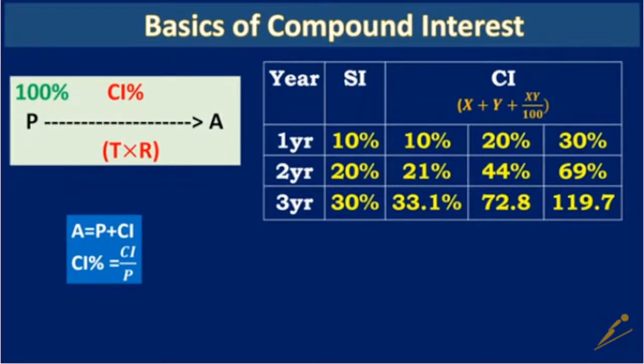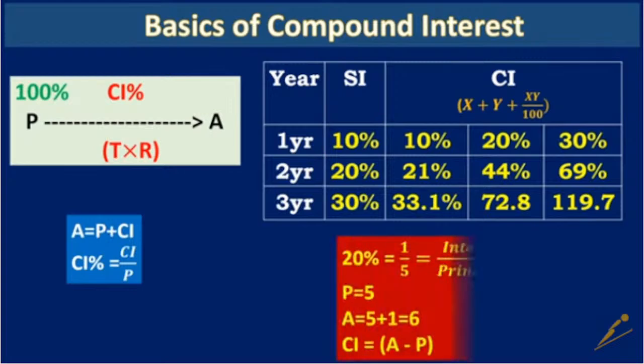Using effective percentage calculation, we can find the CI for 2 years. The compound interest rate for 10% in 2 years is 21%. The compound interest rate for 10% in 3 years is 33.1%. Similarly, we can find the 20% and 30% interest rates per annum over 2 years and 3 years.